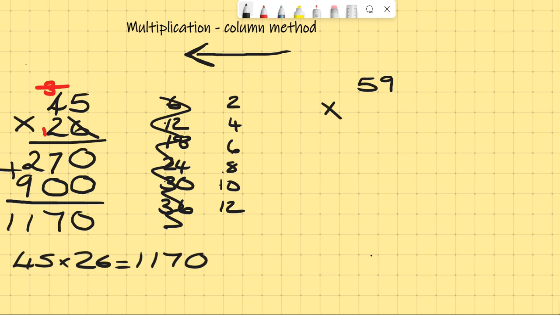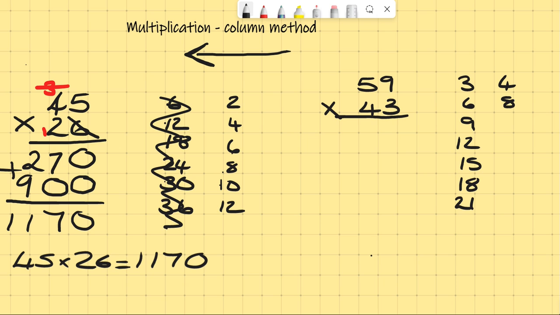59 times by 43. So I'm working with my 3 and my 4 times tables. So let's write down the 3s first, and the 4s.